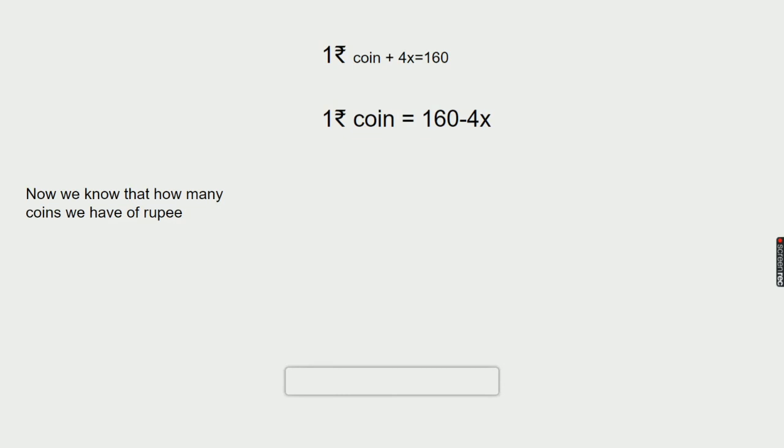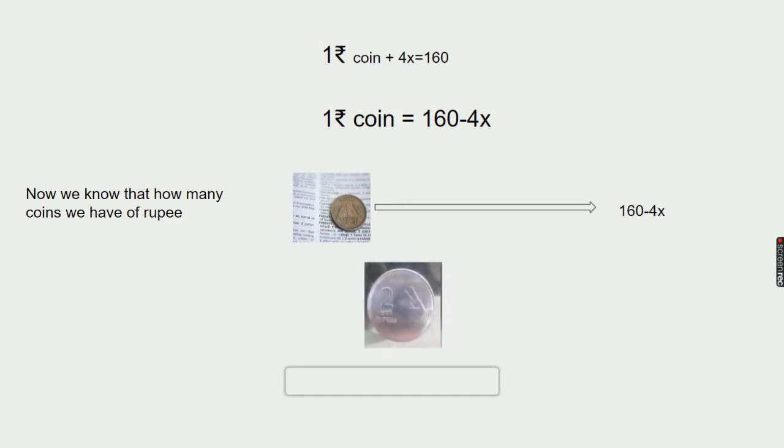Now we know how many coins we have of rupee 1, that is 160 minus 4x, of 2 rupee coins 3x, and of 5 rupee coins, they are x.